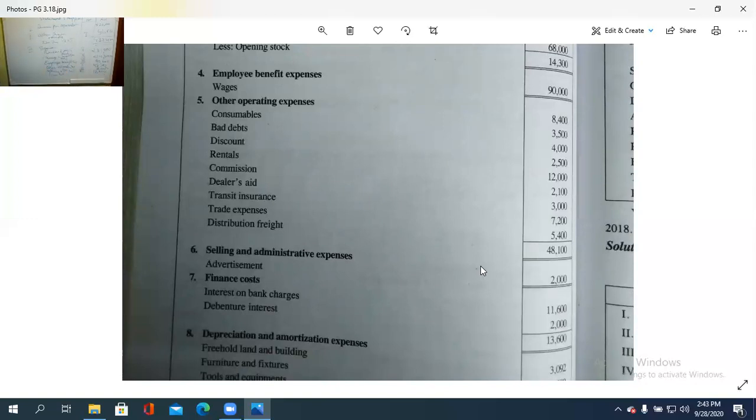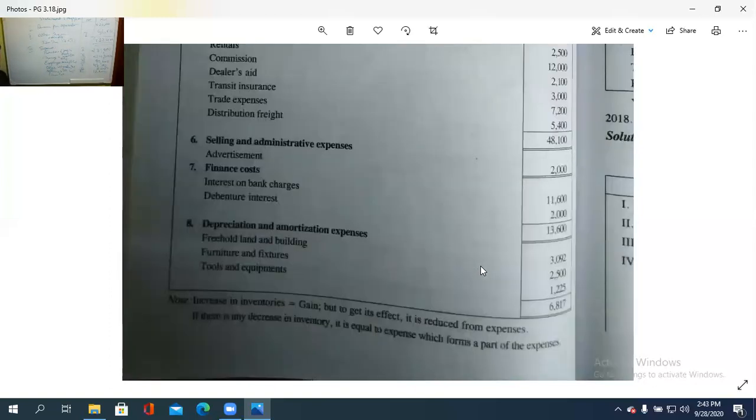Then depreciation and amortization expenses. From the depreciation part, what all is depreciated? Three items are to be depreciated: freehold land and building, furniture and fixtures, and tools and equipment. At what rate are these three items to be depreciated? That is already given in the question.